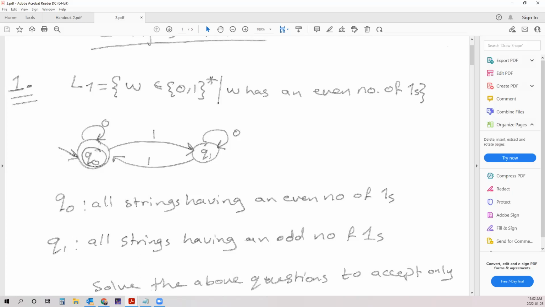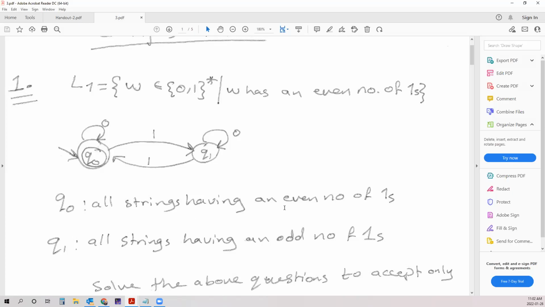So I'll start at the Q naught node. If I receive 0, I'll stay here. If I receive a 1, then I will move to another state. But if I receive another 1, making an even number, then I'll go back to the accepting state. Is that clear? So the starting state is also the final state, in order to have an even number of ones.